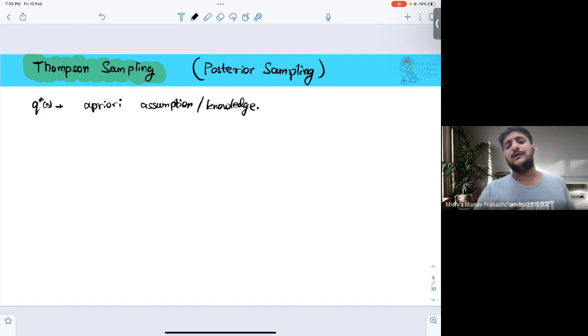Now, how Thompson sampling differs from that perspective is that we assume that my true value, Q star of A, is sampled from some distribution.